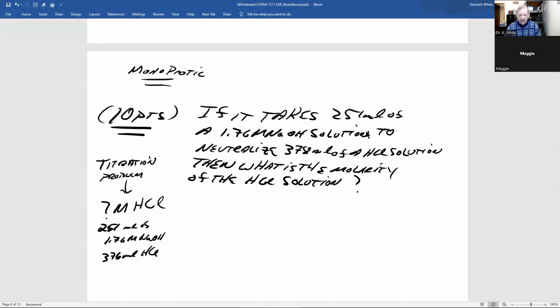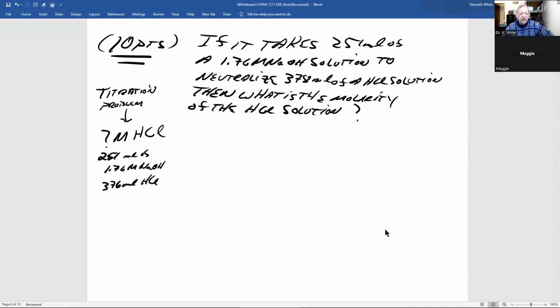So what do we do? Well, at neutralization, you know moles of acid equals moles of base. And I've simplified this to help you with the next step. What are moles of acid?